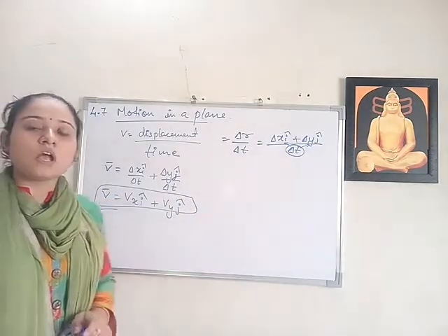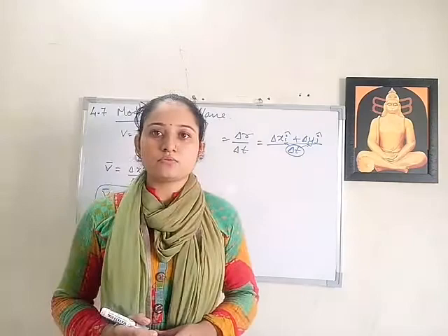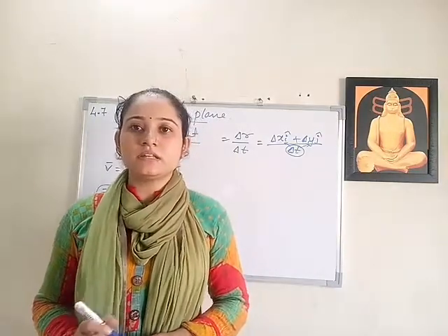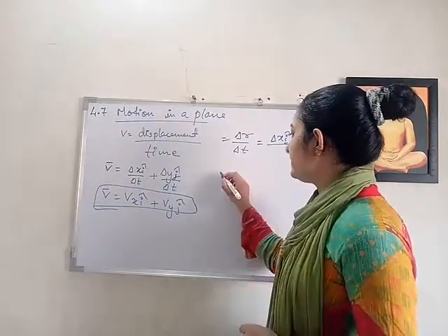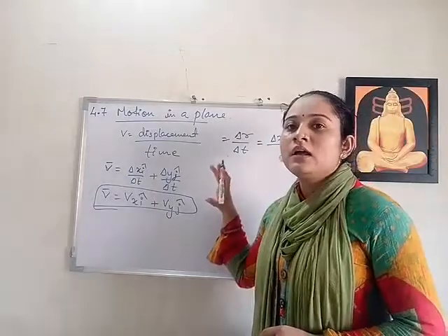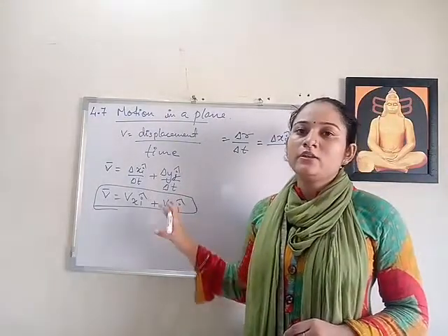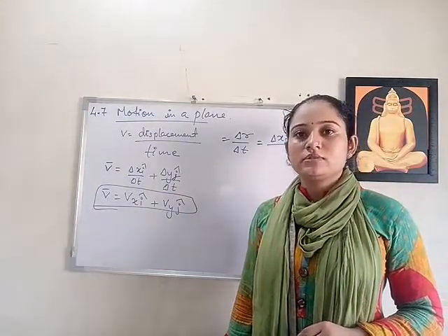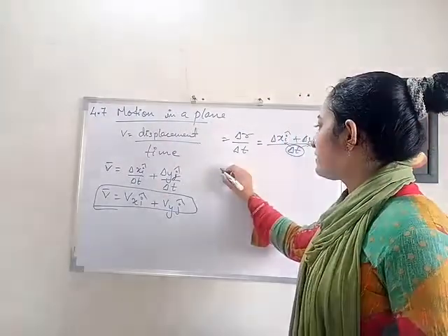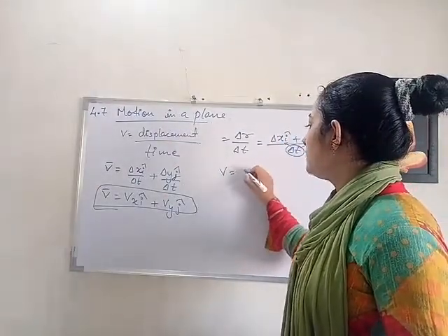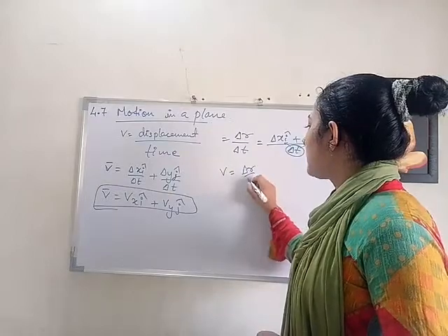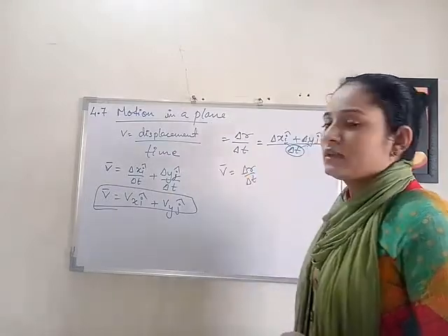Now we will talk about the instantaneous velocity. What is the instantaneous velocity? So instantaneous velocity is the limiting value of the average velocity. So we have average velocity v equal to delta r by delta t.